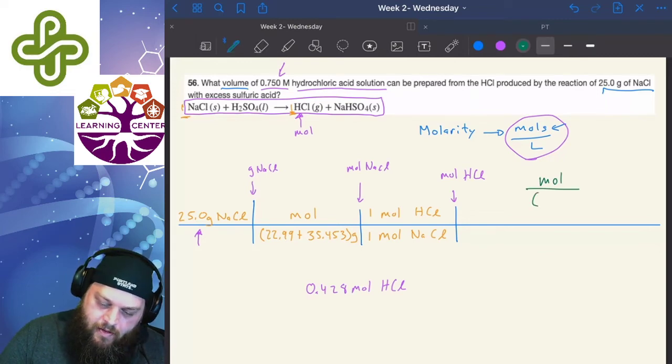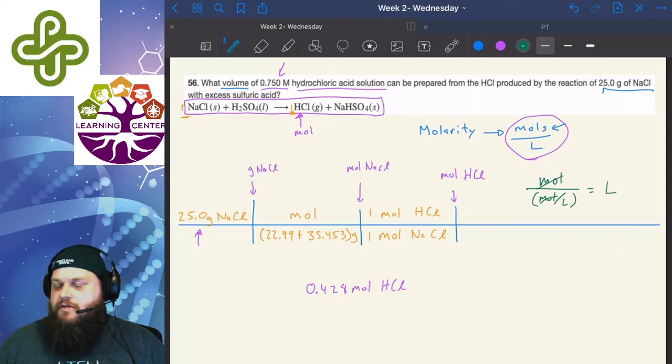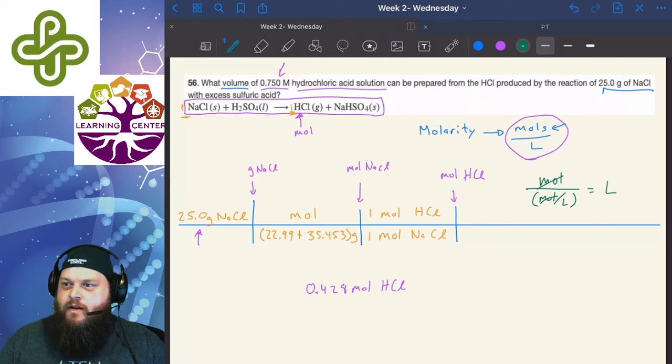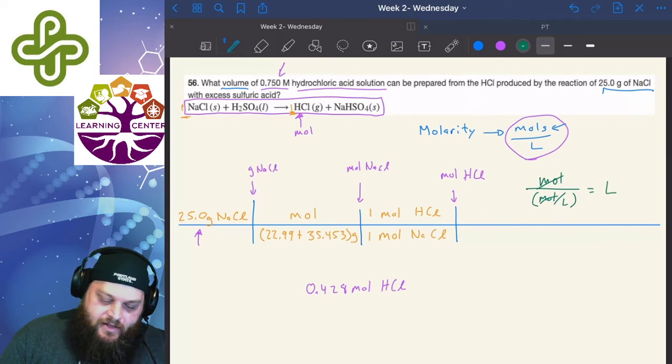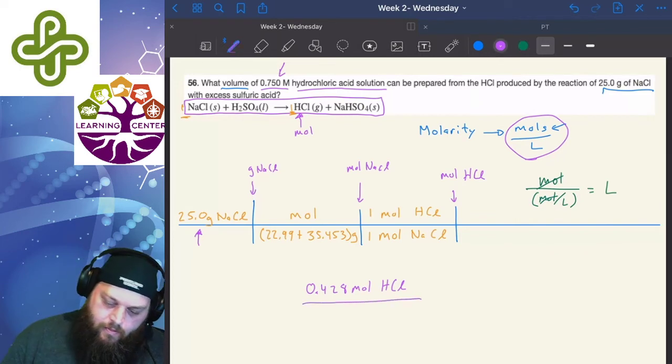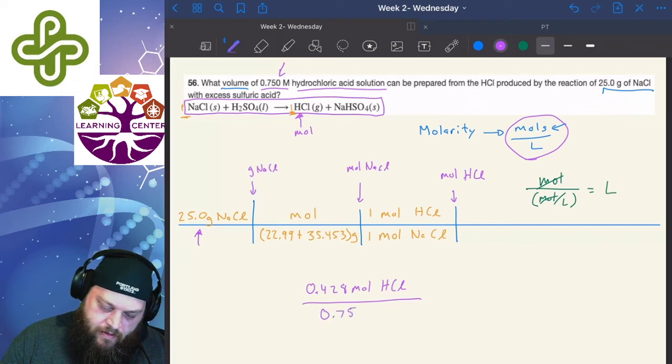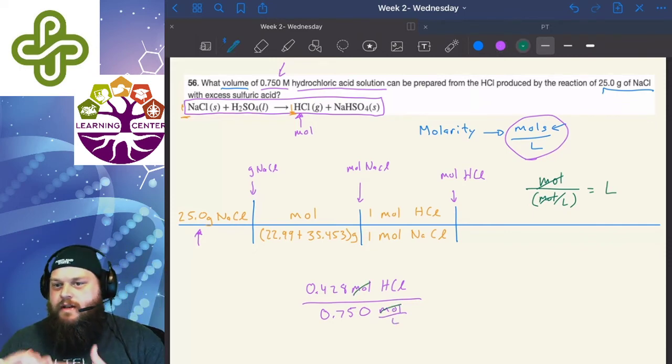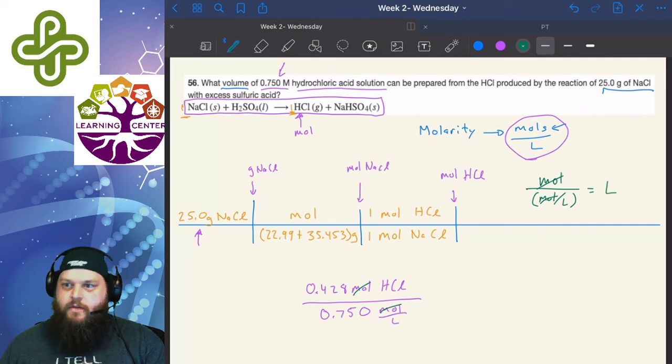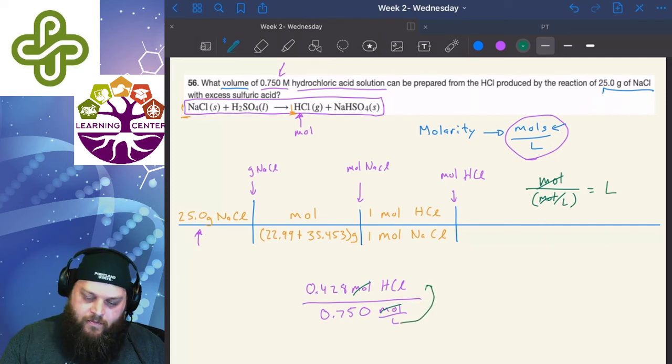I want to divide by moles per liter. So the moles cancel out and I get liters. So just by following the units there, I can tell what I need to do on the next step. So that means I need to divide the moles of HCl by that molarity, that 0.750 mole per liter. And the moles and moles cancel out, and we have liters in the denominator of the denominator, which means it pops up to the numerator.